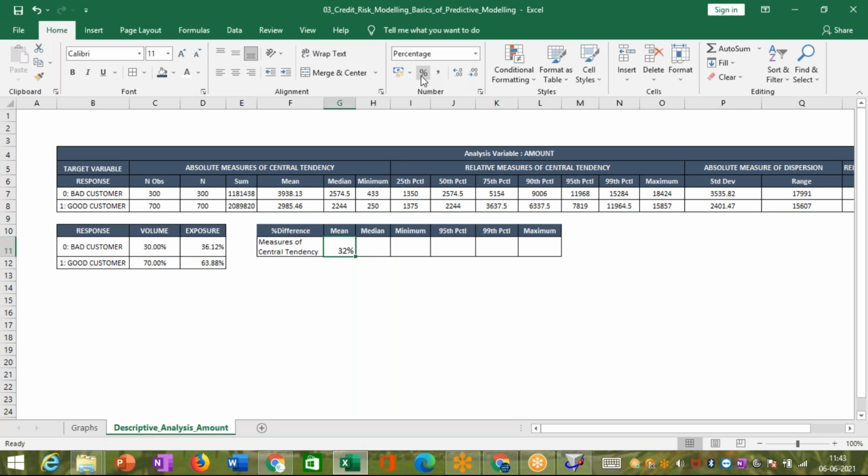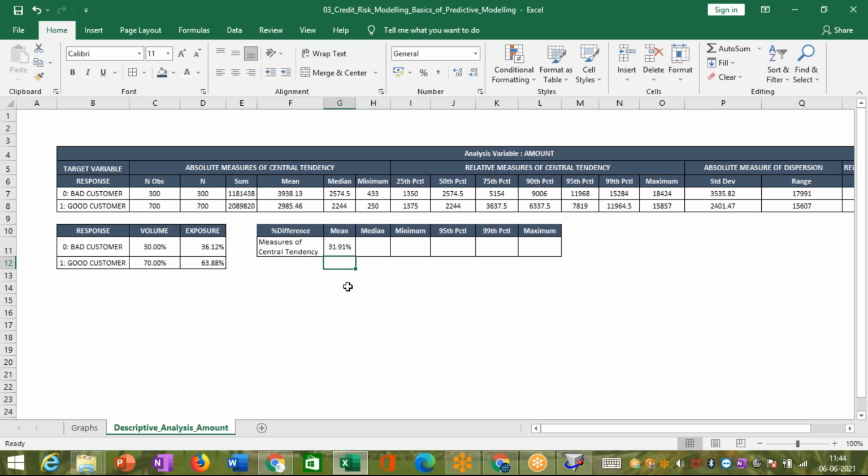So the means of the two groups of customers differ by 31.91%, nearly 32%. The mean of the bad borrowers is 31% more than the mean balance of the good customers.